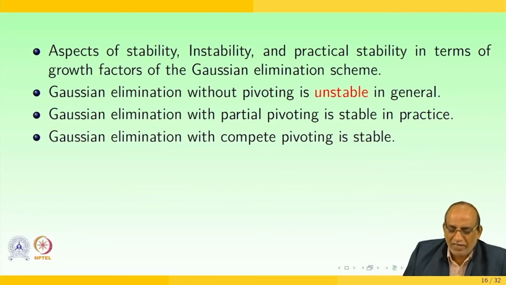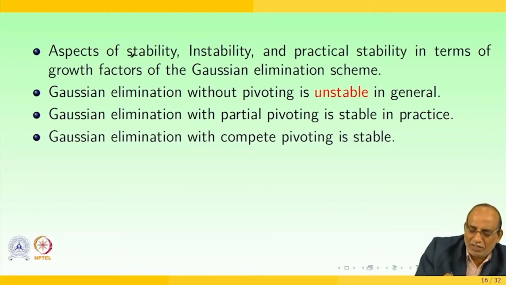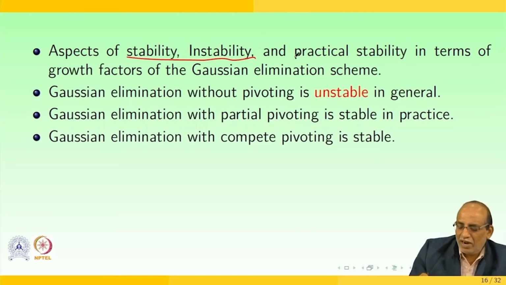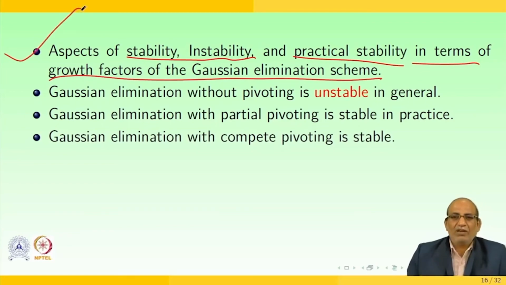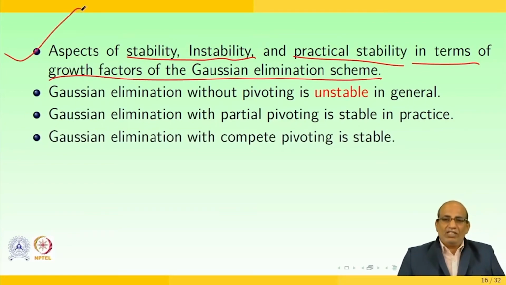Now let us move ahead and make some conclusions. Aspects of stability, instability, and practical stability in terms of growth factor of the Gaussian elimination scheme. You always wanted to design a stable algorithm. If the algorithm is unstable, then it is of no use.